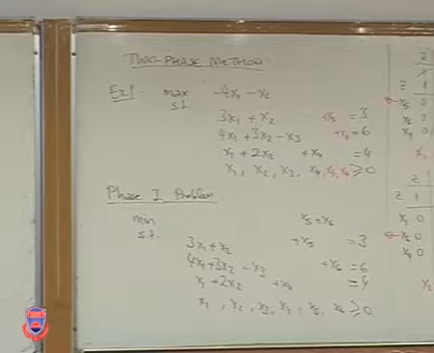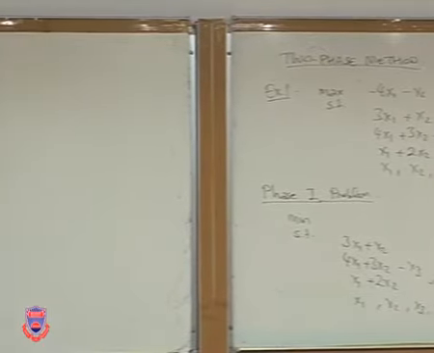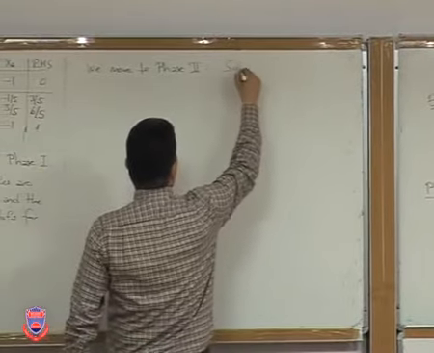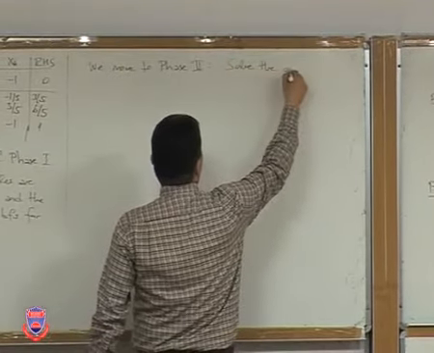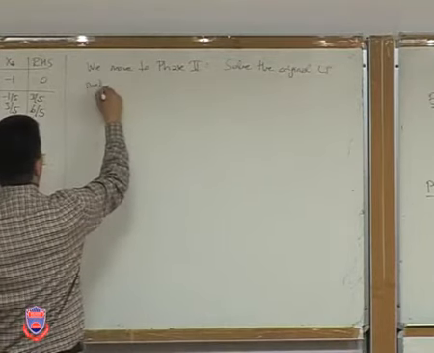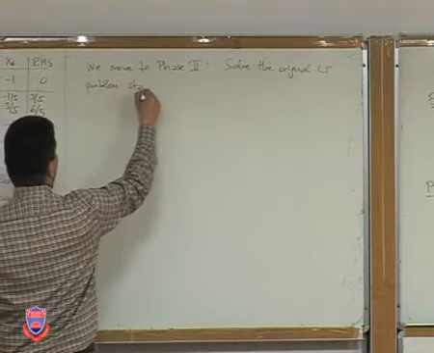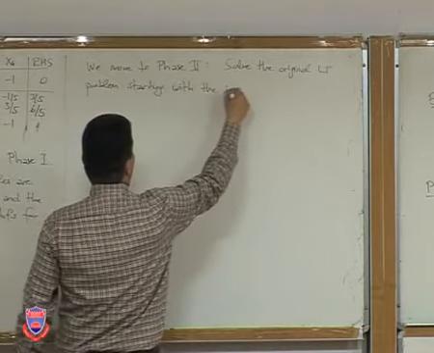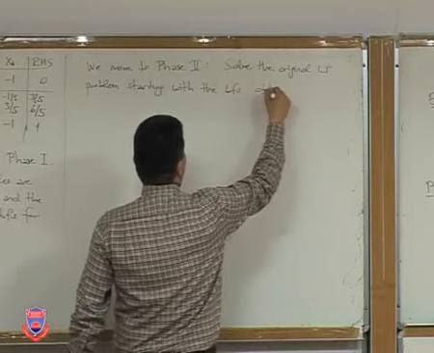So now we move to phase 2, which is to solve the original LP problem, starting with the basic feasible solution obtained at the end of phase 1.